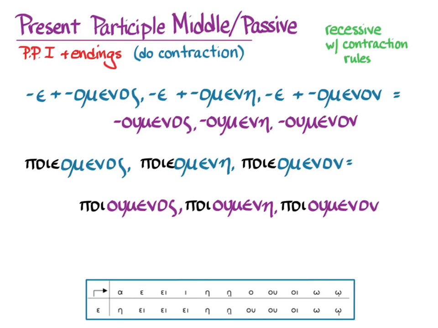Again, we'll do recessive on the uncontracted forms, and that results in these accents. And here we've got second, first, second, three-ending adjective, verbal adjective, of course, because it's a participle, and so you can see how to decline those in all the cases, numbers, and genders.